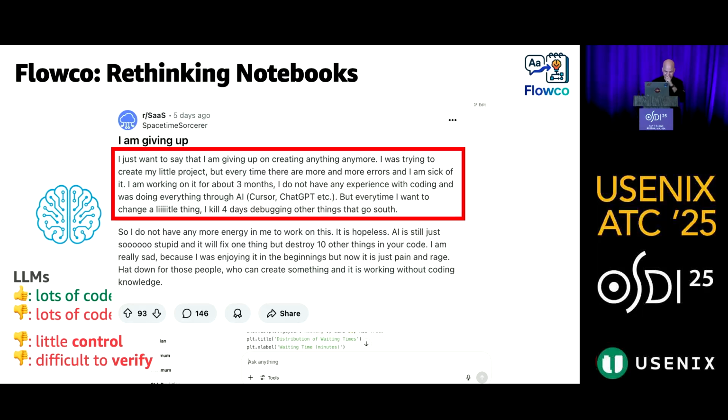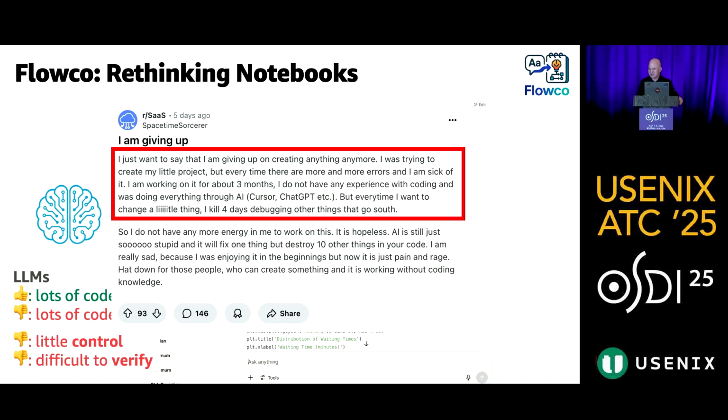So back to my favorite news source, Reddit. I have to read this in a snarky tone. I think that this is the way it was said. I'm giving up on creating anything anymore. I was trying to create my little project, but every time there are more and more errors, and I'm sick of it. I'm working for about 3 months. I do not have any experience with coding, and was doing everything through AI, Cursor, ChatGPT, et cetera.